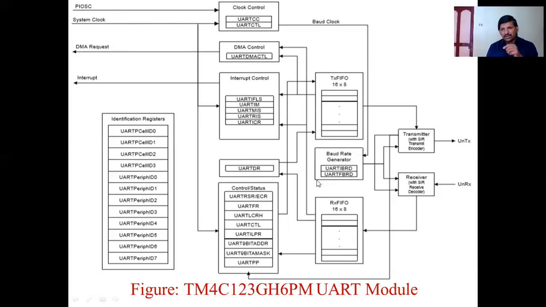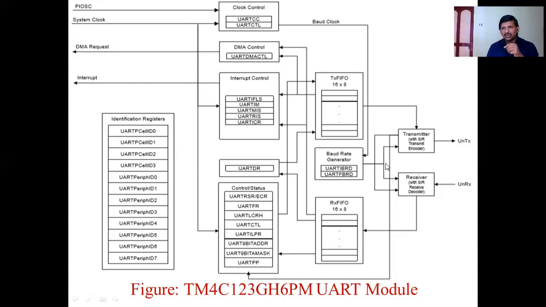In this baud rate generator, we can design our desired baud rate by dividing with an integer, that means the UART integer baud rate generator and the UART fractional baud rate generator. So by using these two, we can set the desired baud rate.